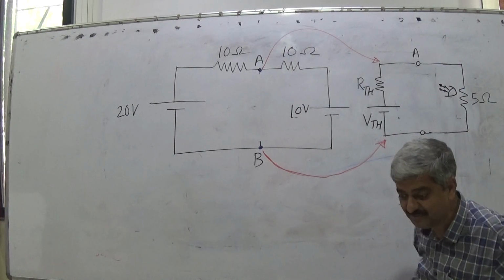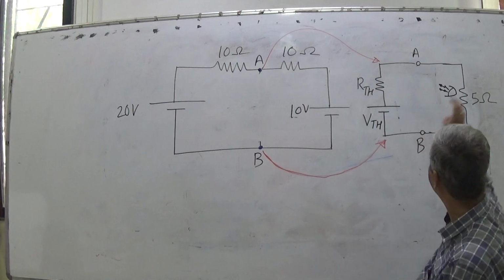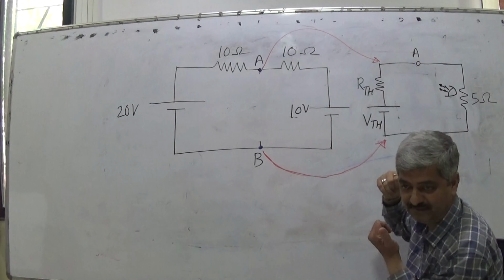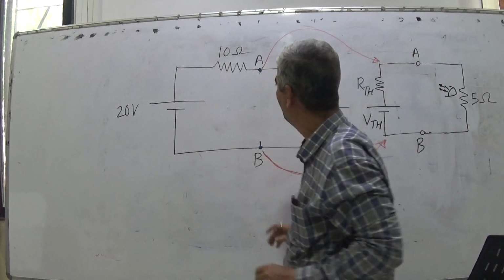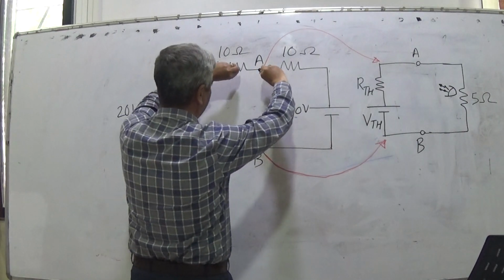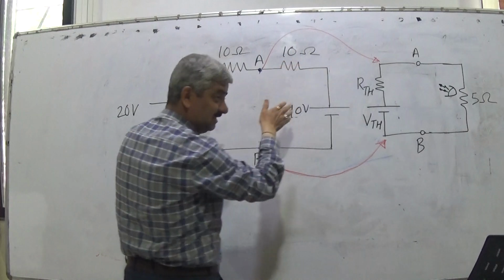So the question is, how do we find this? So this resistance is a different part. When you put it, something will be there. So the question is what Thevenin's equivalent circuit is, whatever is the effect of these multiple sources and resistances.